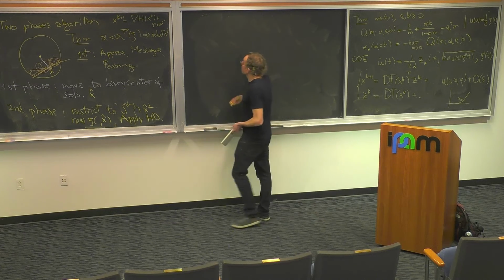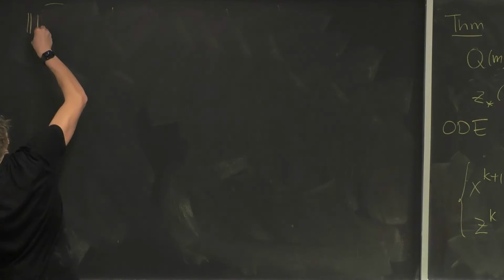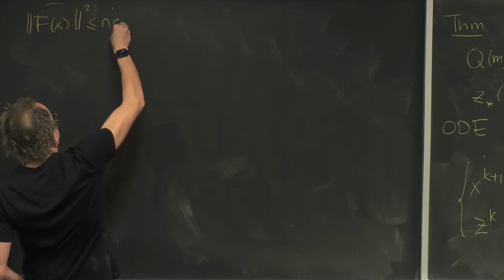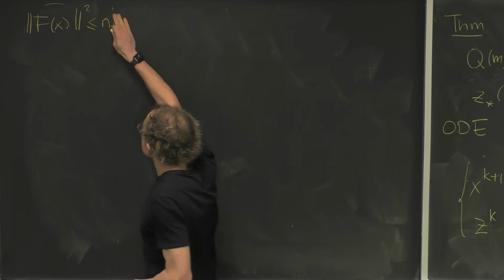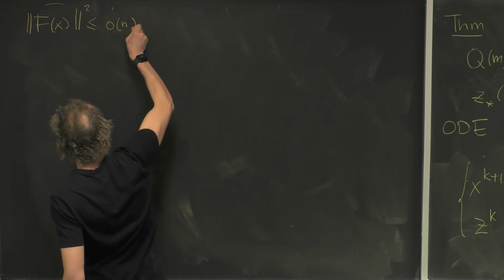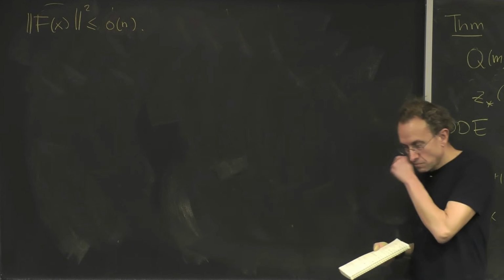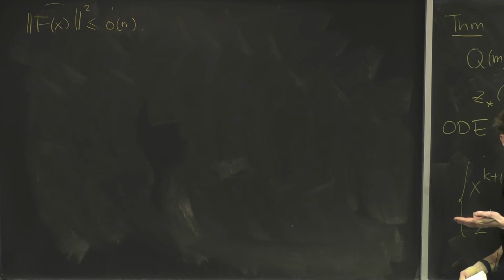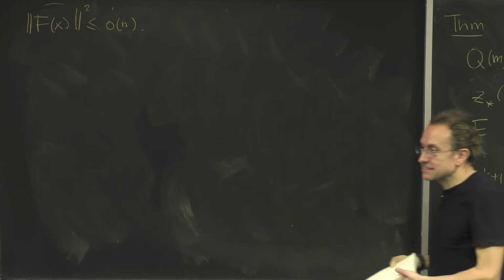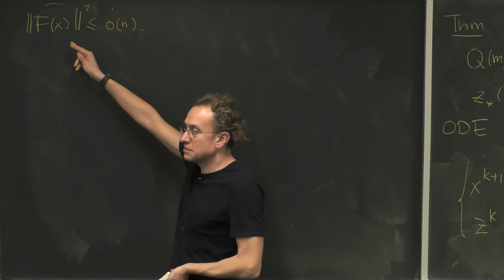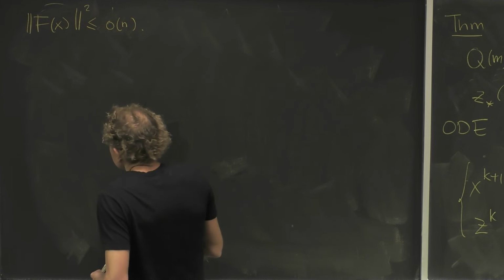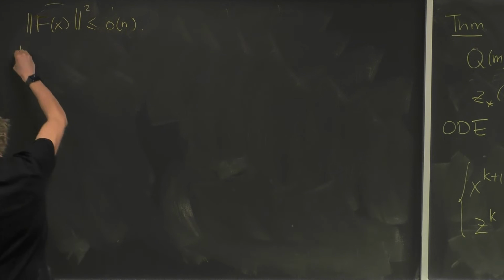What I talked about so far was finding points such that f of x is less than n times epsilon, or small o of n. Now you might wonder, is this a good notion of solution? In particular, this doesn't necessarily guarantee that close to such a point there is an actual solution. So the question is, what about actual solutions?